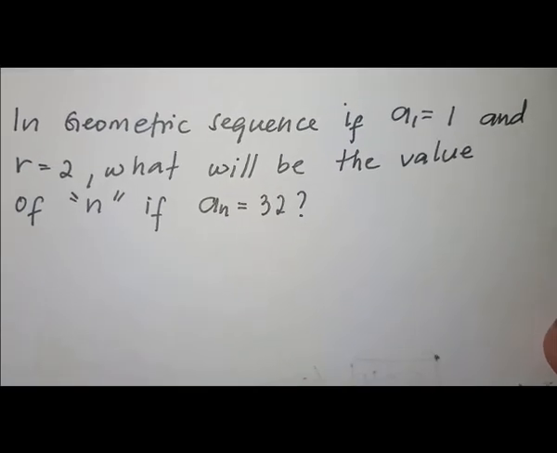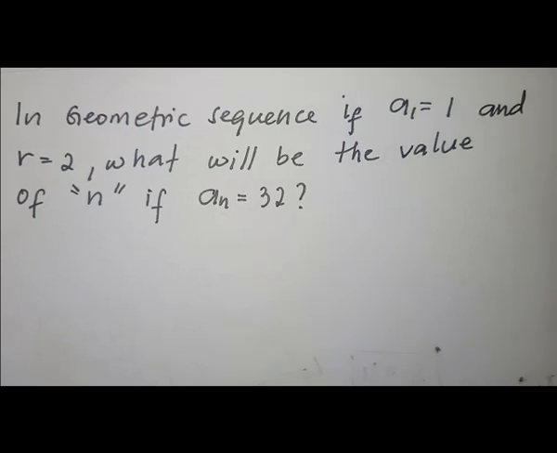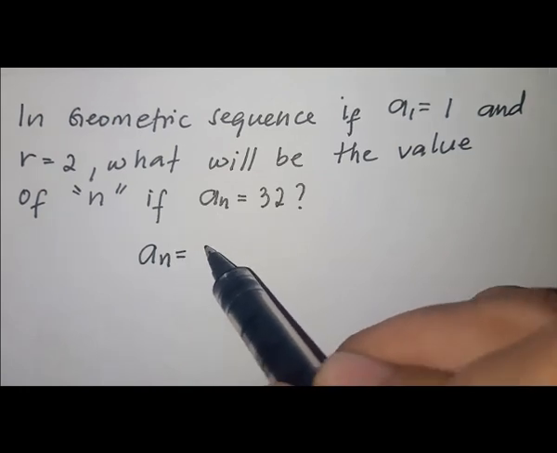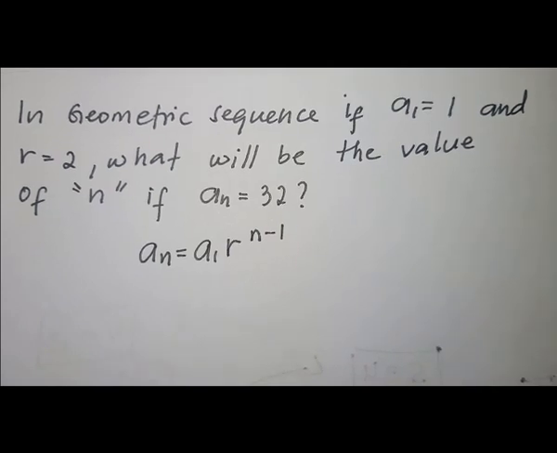Okay, sige, isa pang example ulit. So, try natin ulit to. In geometric sequence, if a sub 1 is equal to 1 and r is equal to 2, what will be the value of n if a sub n is equal to 32? So, pang ilang terms kaya ang meron tayo sa sequence natin? So, again, first, let us try to rewrite the formula. A sub n is equal to a sub 1 times r raised to n minus 1.